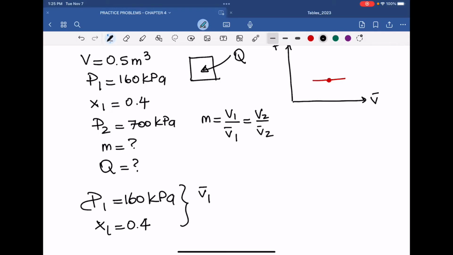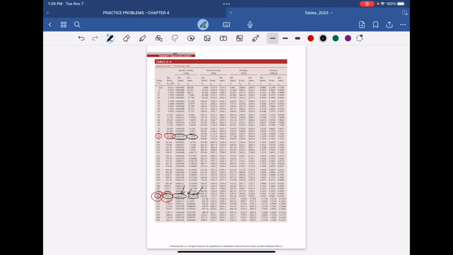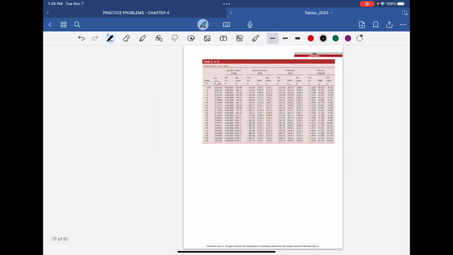So this is at 160 kilopascal. We are told that we have a mixture. So the only way to find this is using quality and this equation. And of course, you can do that. You can look at the tables at 160 kilopascal, but this time for the refrigerant, right?